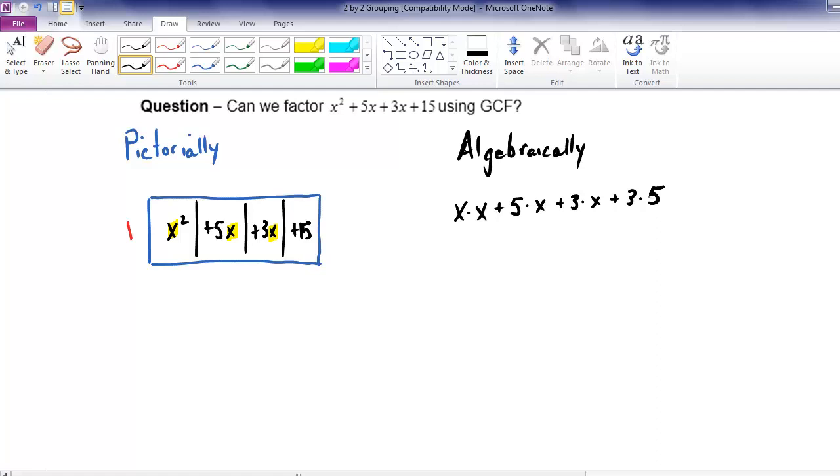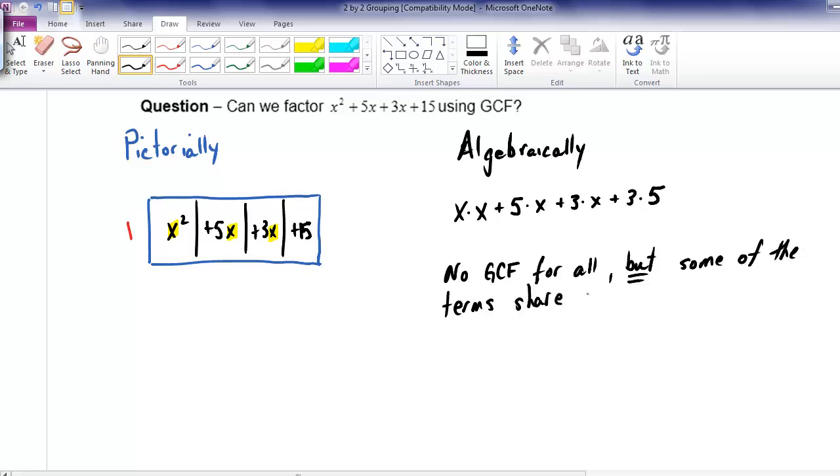But what I hope you would notice then is there is no GCF for all 4 terms, but, and this is a really, really important but, some of the terms share some of the terms share things in common.